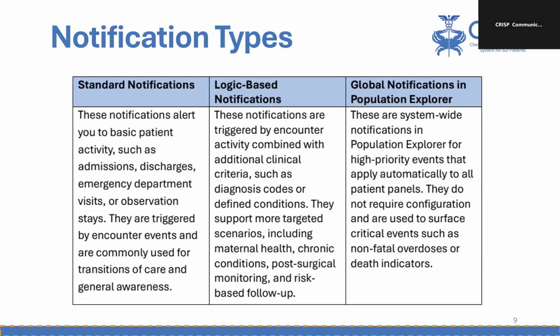The global notifications in Population Explorer are available to all Population Explorer users and are kind of our default logic-based alerts that are already built into the system. Currently, we have two offerings under that. We have our non-fatal overdose, so this is when we get a non-fatal overdose event piece of data from EMS services or hospitals, and then also death indicators.